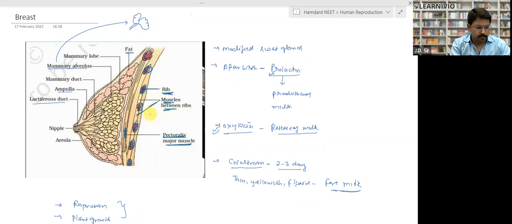And the hormone oxytocin causes release of milk when the infant sucks the breast.